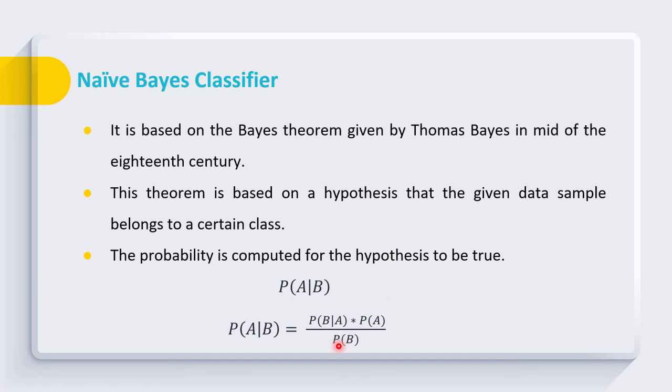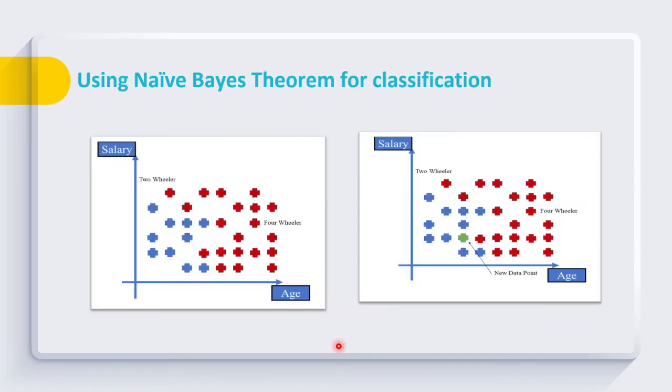In order to understand further how we can apply this theorem in building our classifier, let us consider this case. Here I am representing the data of a company. The data points shown in red are those people who commute to office on four-wheeler, while data points in blue are those who commute to office on two-wheeler. All these points are scattered on the basis of salary and age of the employee.